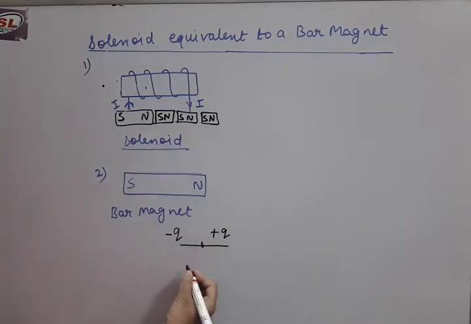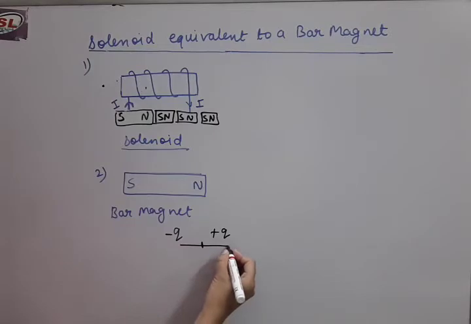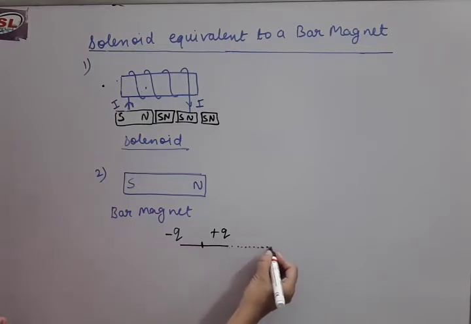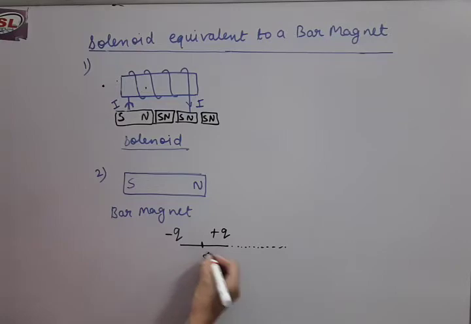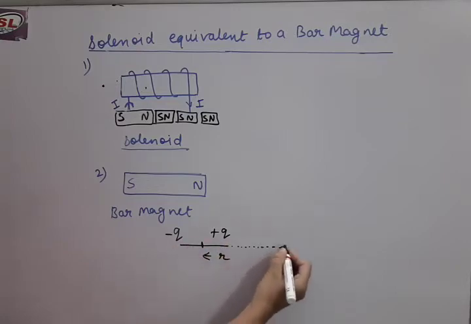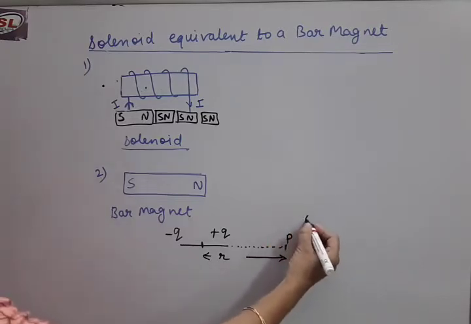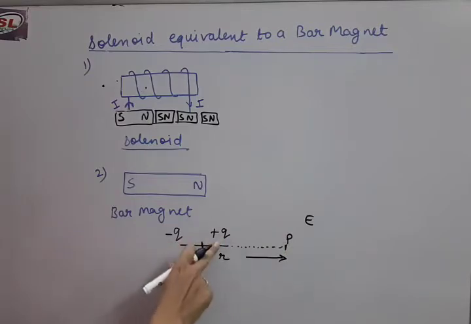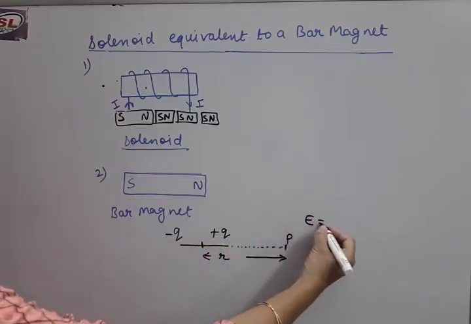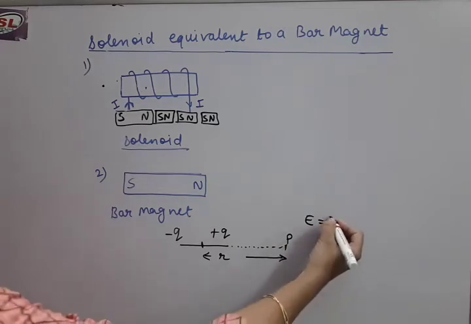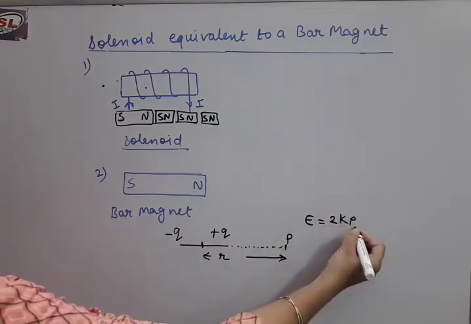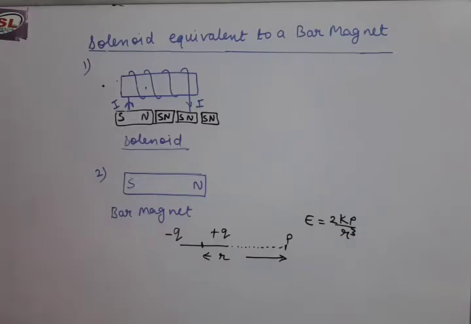For this dipole, on this axial line, that means the line joining the two charges, from the center of the dipole, if some point P is taken at r distance, then what is the electric field formula here? Because charges are there, I am saying electric field. You must be remembering this formula of the electric field, that is 2kp upon r cube.